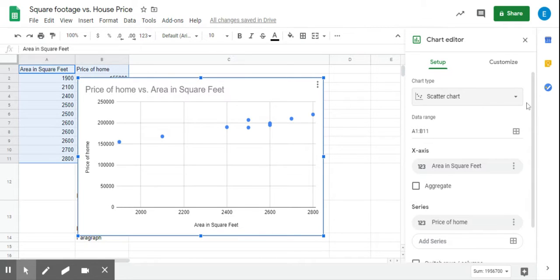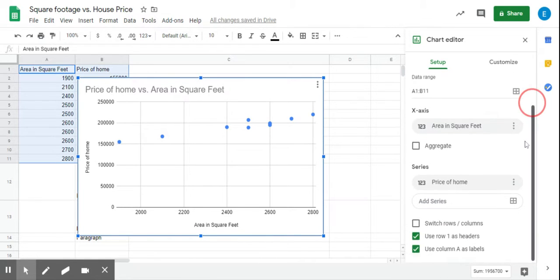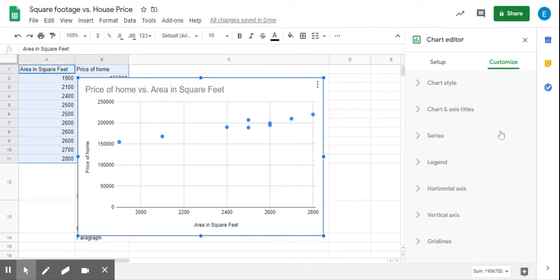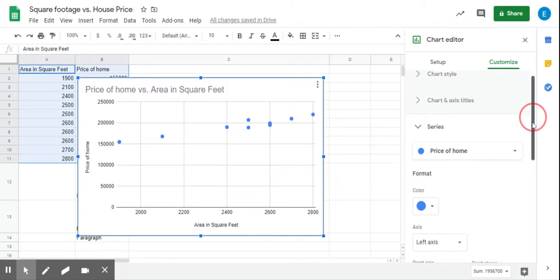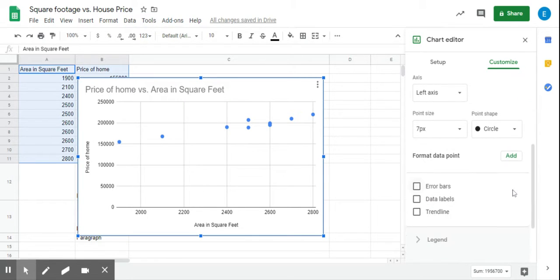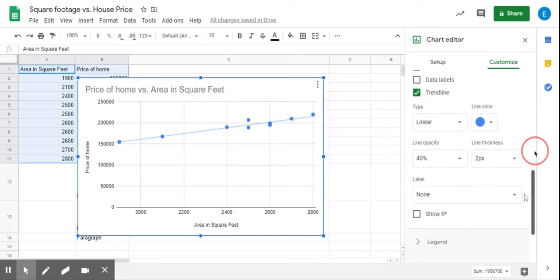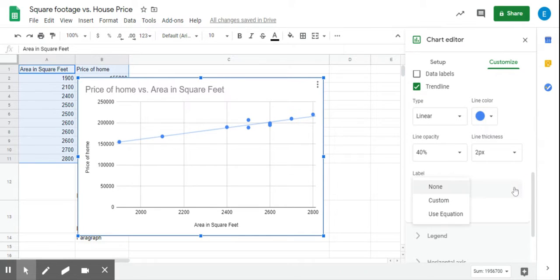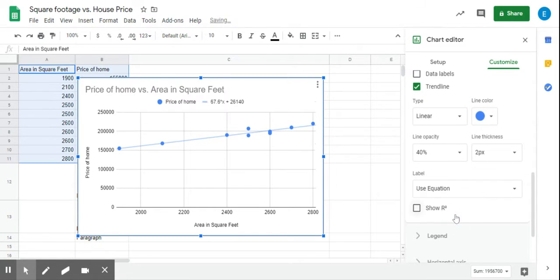So now I want it to show my line of best fit. I need to go to customize, then down to series, and there should be show the trend line. I select that. Once I've selected that, I want to label it and use the equation, which means it's going to show me my equation.